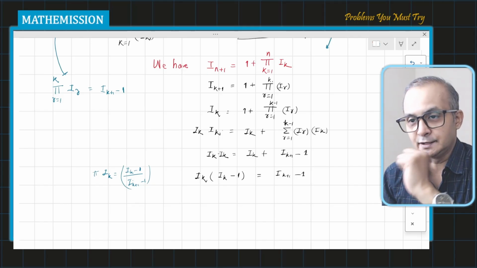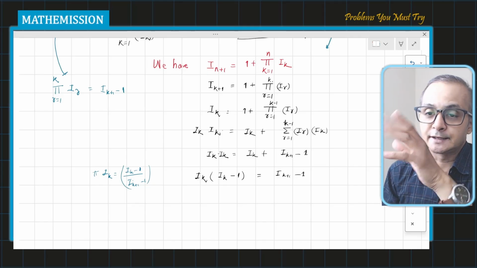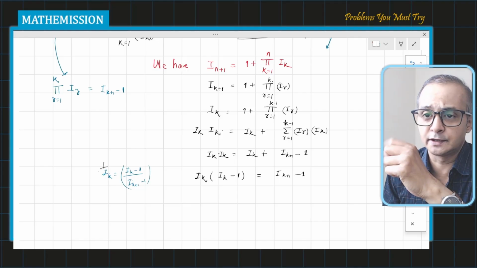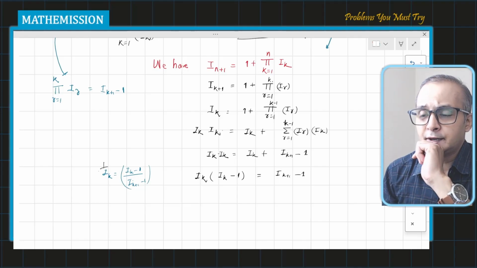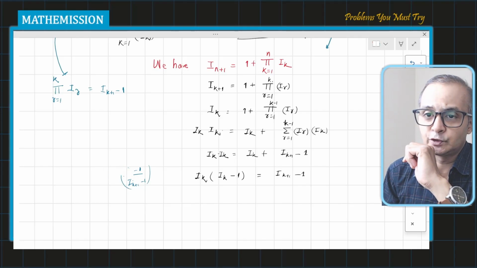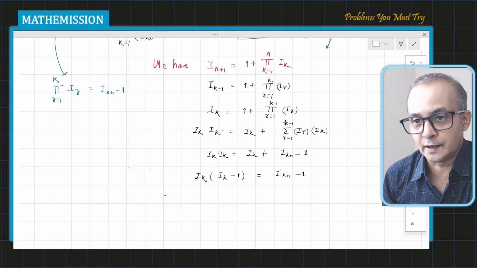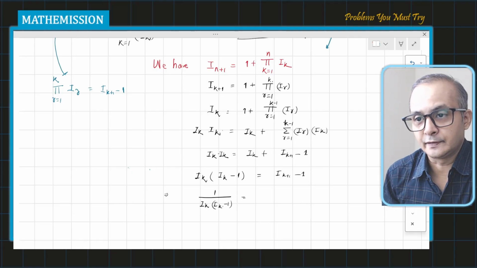We are multiplying this, but I need the summation because of the reciprocal of this. This is 1 by i_k, by the way. If I have to find the product, then it will get cancelled. But if I need the summation, I have to think a little bit carefully. And the careful step we have to do there is just take the reciprocal here. So if you take the reciprocal, you get 1 by i_k, 1 by i_k minus 1, and there 1 by i_k plus 1 minus 1.